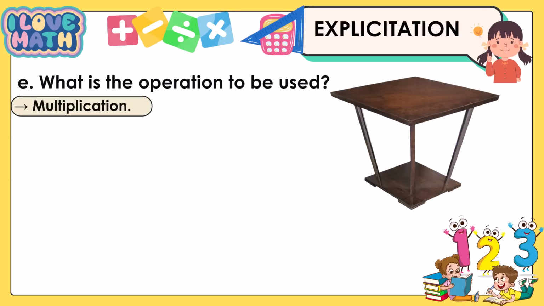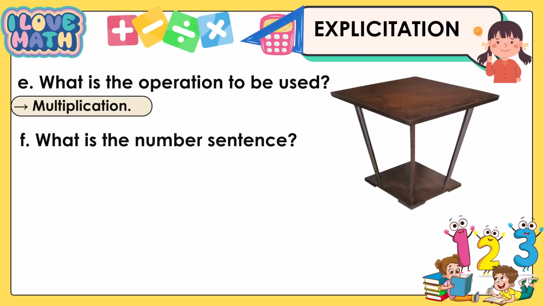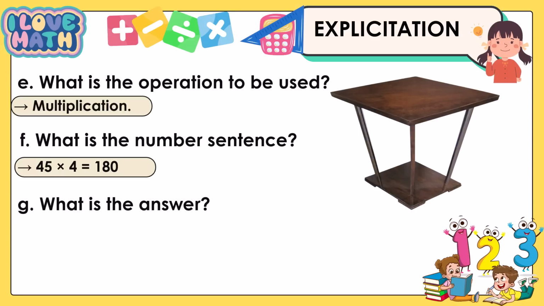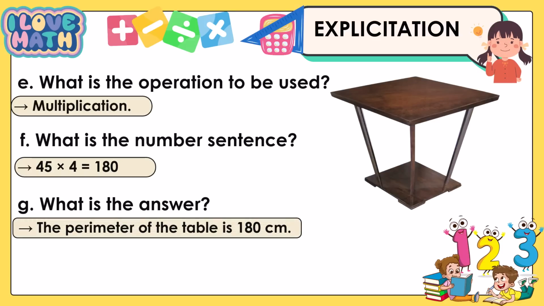Answer, multiplication. F. What is the number sentence? Answer, 45 times 4 is equal to 180. G. What is the answer? Answer, the perimeter of the table is 180 centimeters.